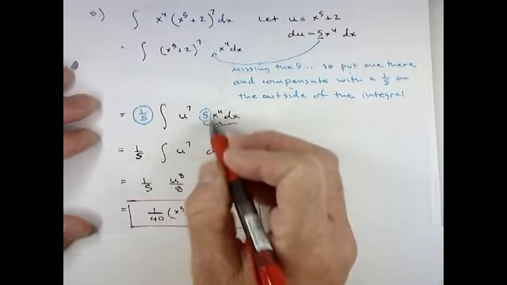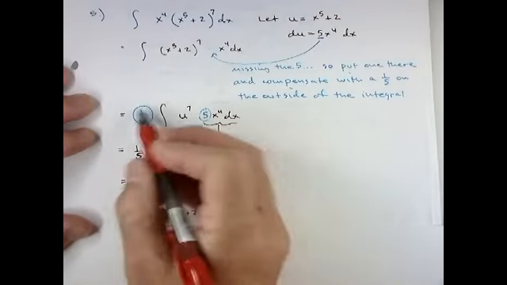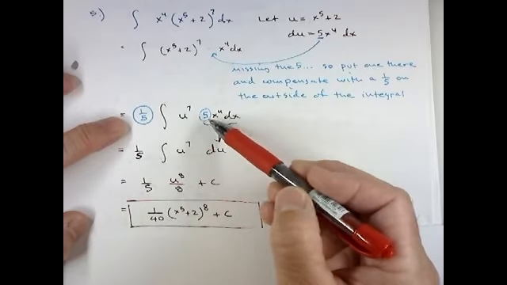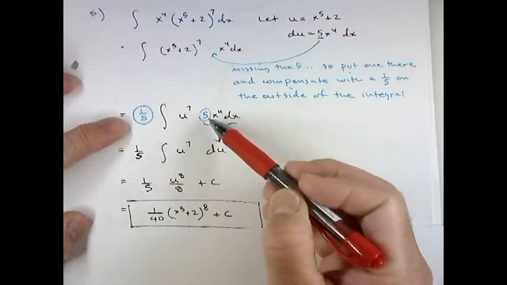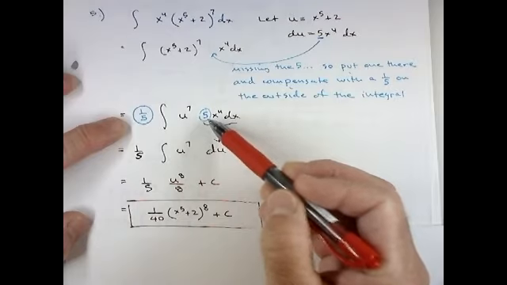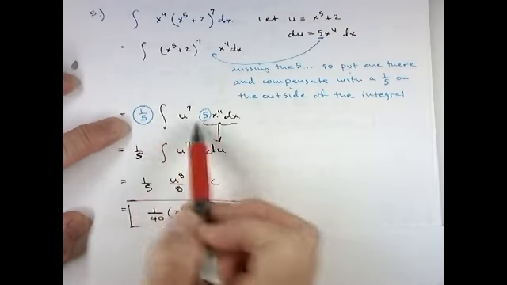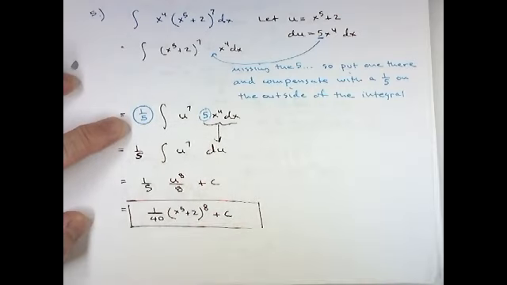But at the very least, what I like to do is circle it. I circle it, and that's my cue. When I go back and study this problem and try to retrace how I got this answer, when I see something circled, that means I put that there. I wished for that 5, and then I compensated with that 1/5. So I try to circle anything extra that I add.